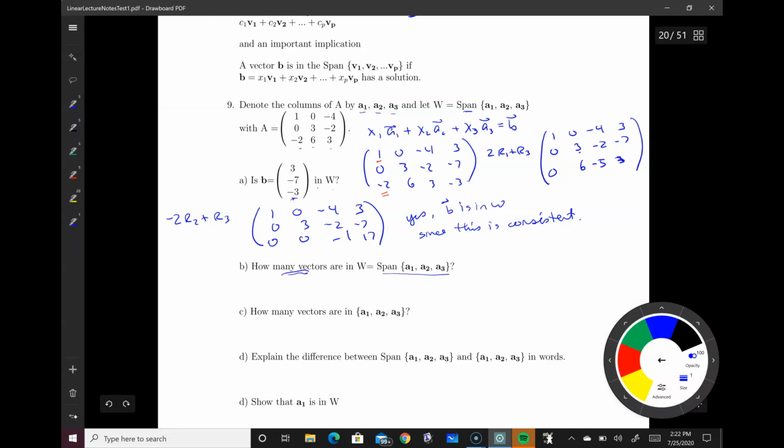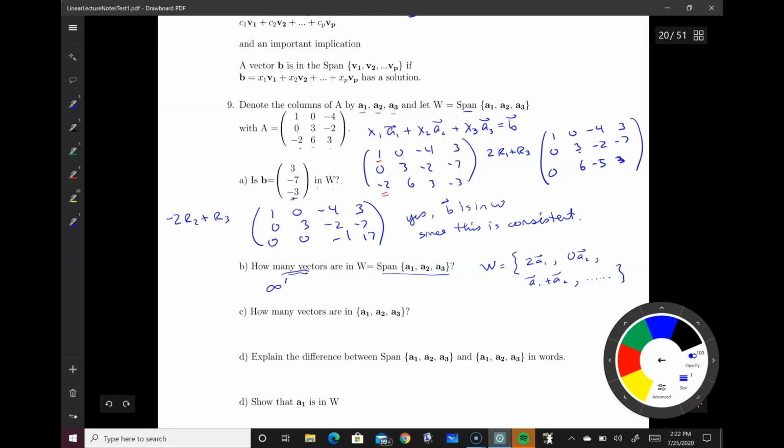Okay, so what does it mean to count the number of vectors in the span of a set of vectors? The span of a set of vectors is all the linear combinations of the vectors A. So if I had wanted to write out what the set of vectors of W could be, I could have 2 times A1, comma, I could have 0 times A2, comma, I could have A1 plus A2, comma, it goes on, think about it, forever.